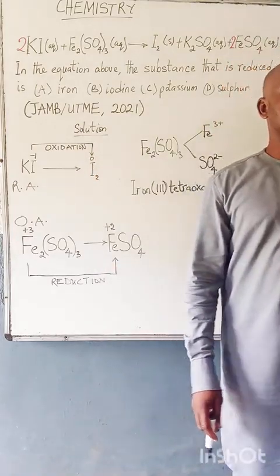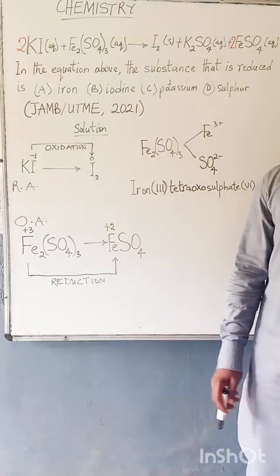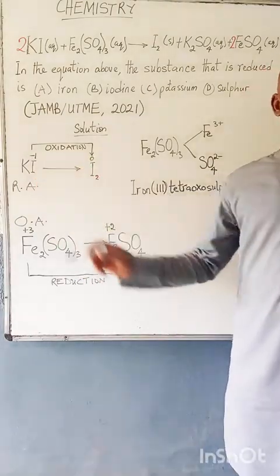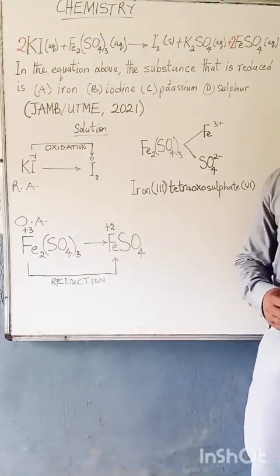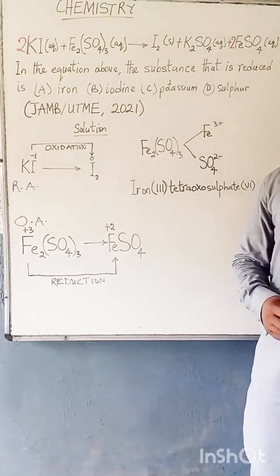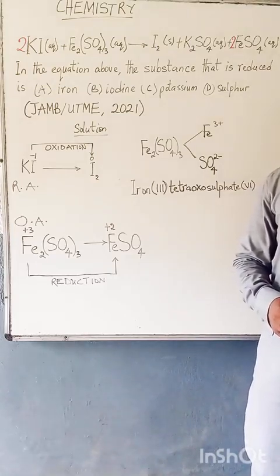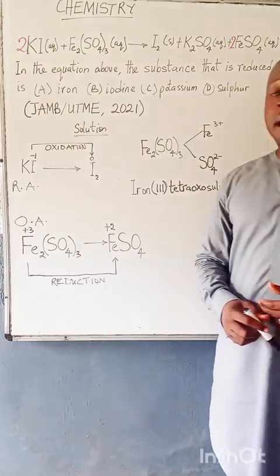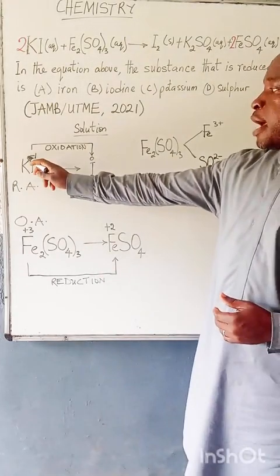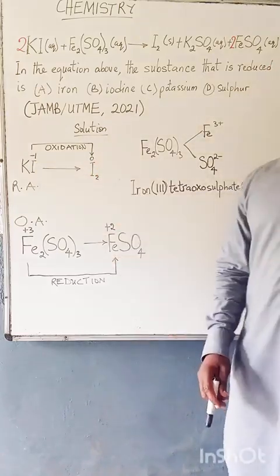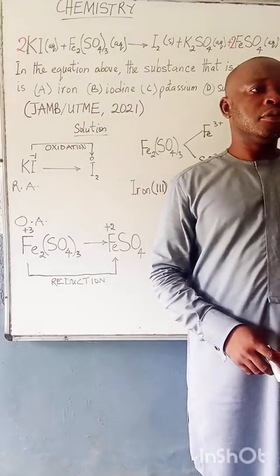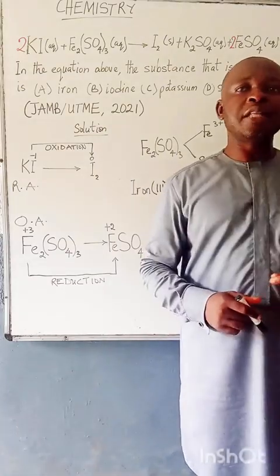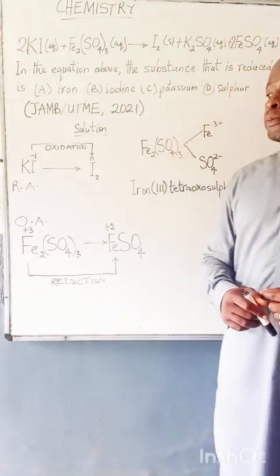According to the number line in your JSS form mathematics, from -1 to 0, is that an increase or a decrease? Is it going up or coming down? The number is going up from -1 to 0. Now, when the charge of an element in a redox reaction goes up, is that a reduction or an oxidation?